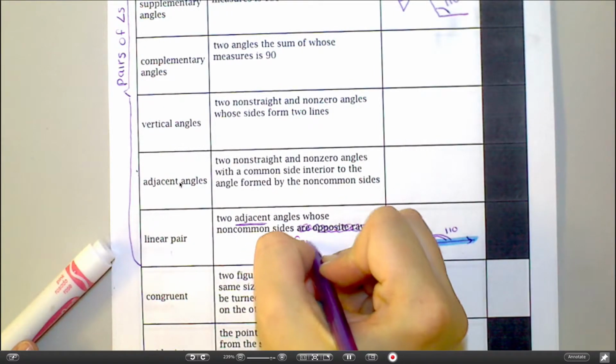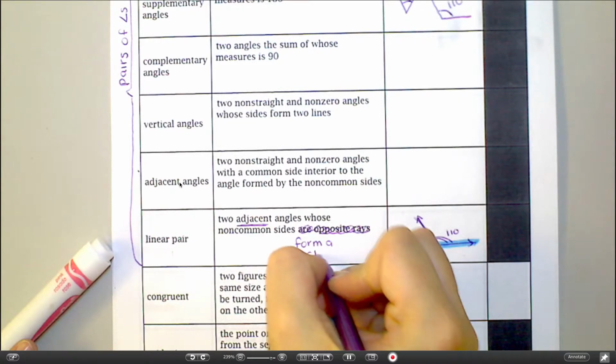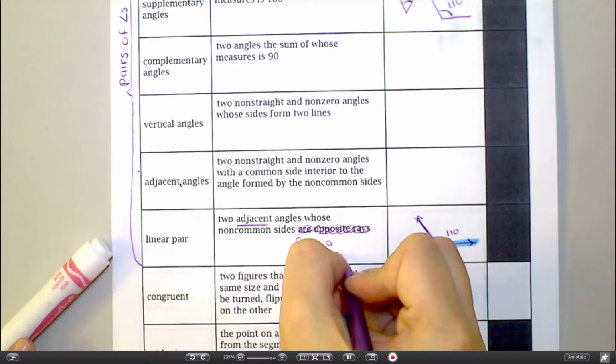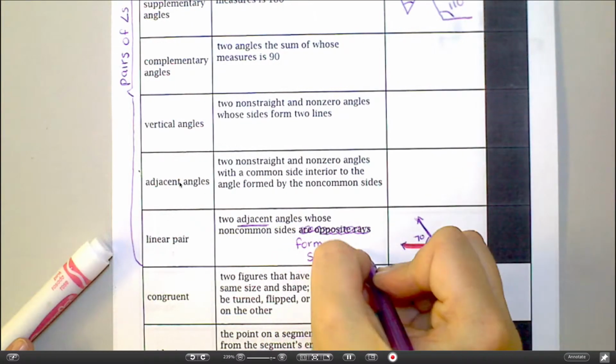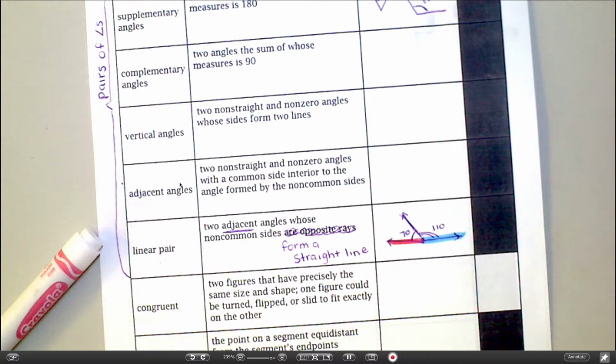Because that's why they're called a linear pair. See how the pink side and the blue side together make one straight line? That's why they call that a linear pair.